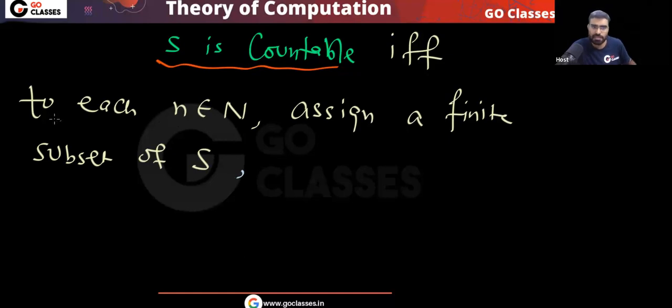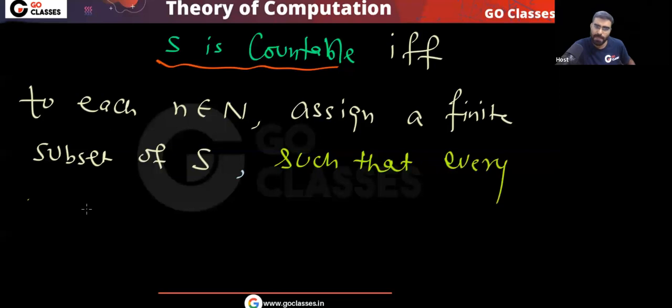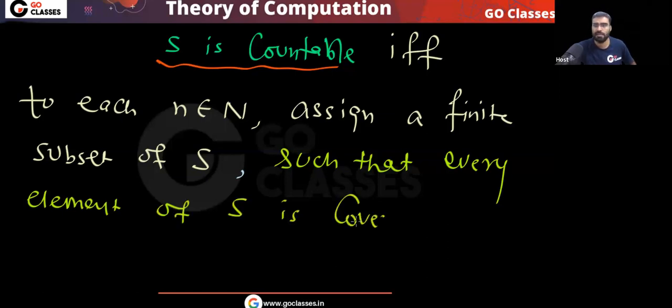Is this clear? To each natural number, assign a finite subset of S such that every element of S is covered. That's it. This is the definition.